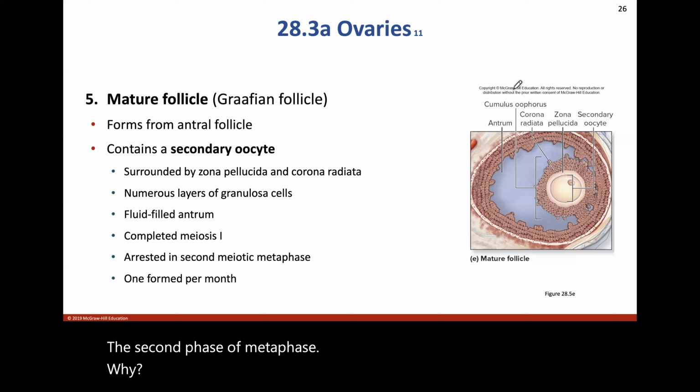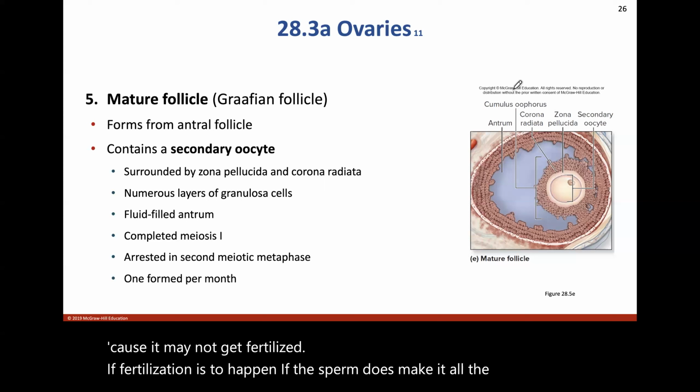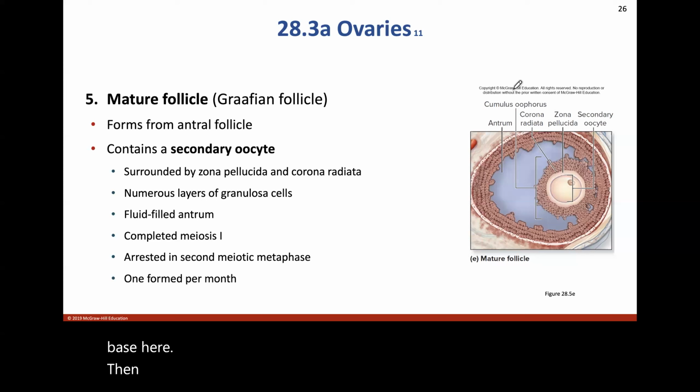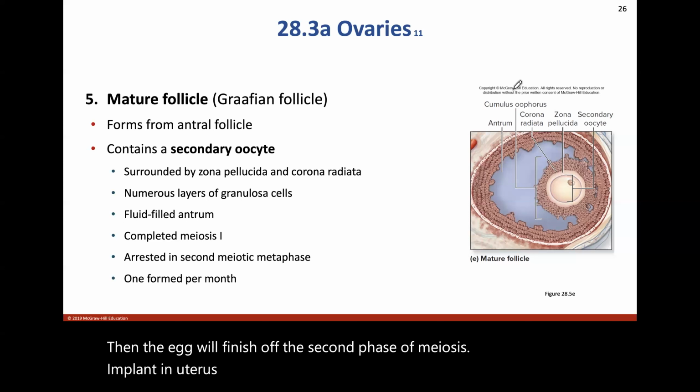Because it may not get fertilized. If fertilization is to happen, if the sperm does make it all the way to home base here, then the egg will finish off the second phase of meiosis, implant in the uterus, and hopefully stick around there for the entire pregnancy. Okay.